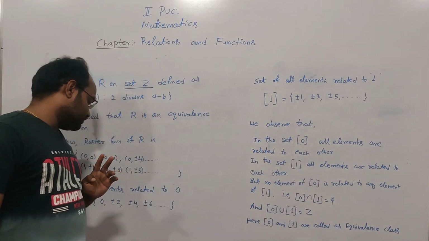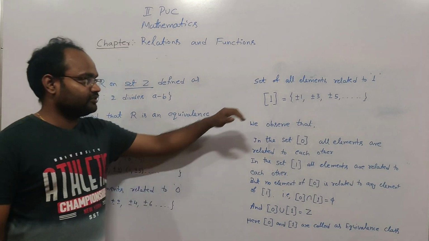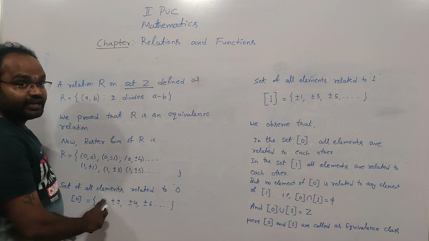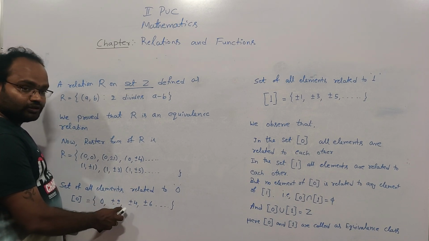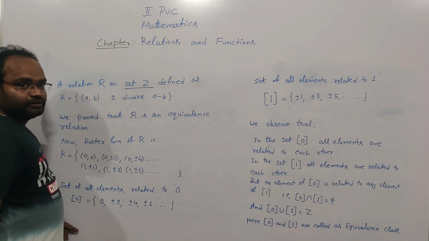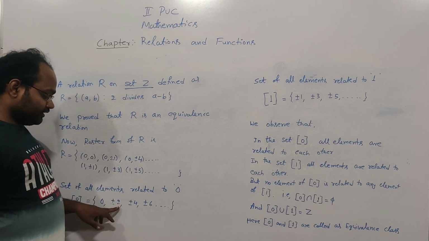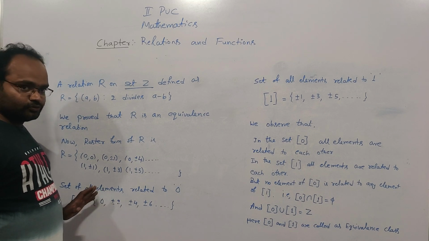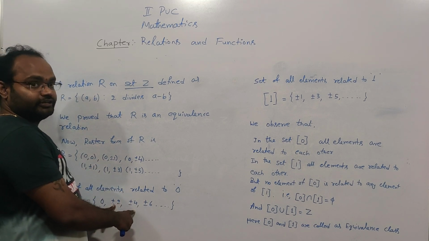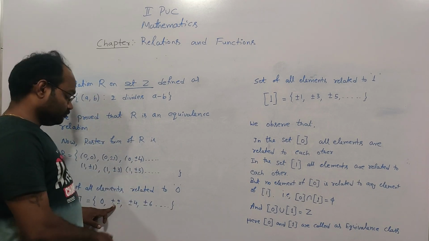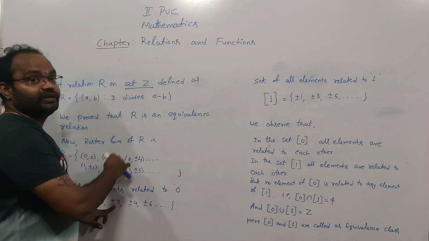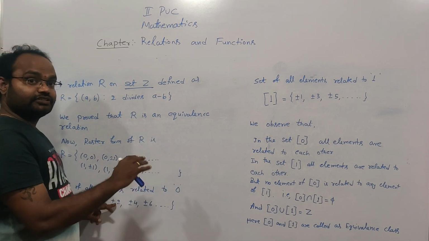Now what you can observe in these two sets: take 0 and 2, they are related to each other. 0 minus 2 is minus 2, divisible by 2, 0 plus 2 is divisible by 2. Then 2 minus 0, minus 2 minus 0, both are divisible by 2. Take 2 and 4, difference is 2, divisible by 2. 2 and 6, difference is 4, divisible by 2. 2 and 8, difference is 6, divisible by 2.